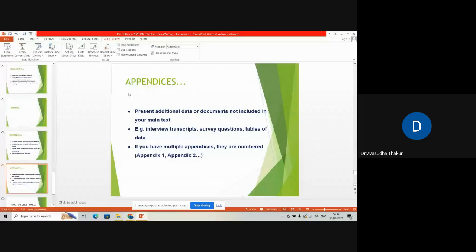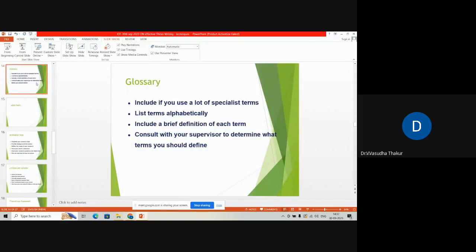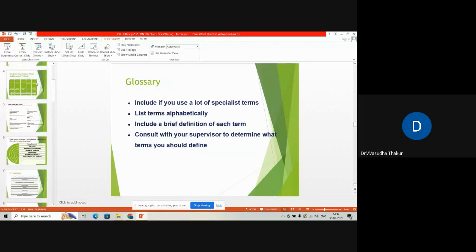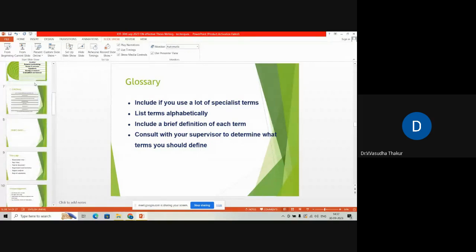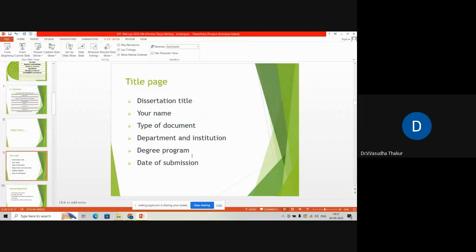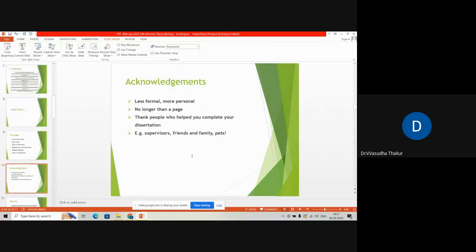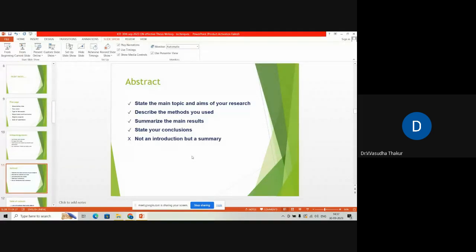Okay, first pages, middle pages, and end part. First pages include the title page, acknowledgements, abstract.